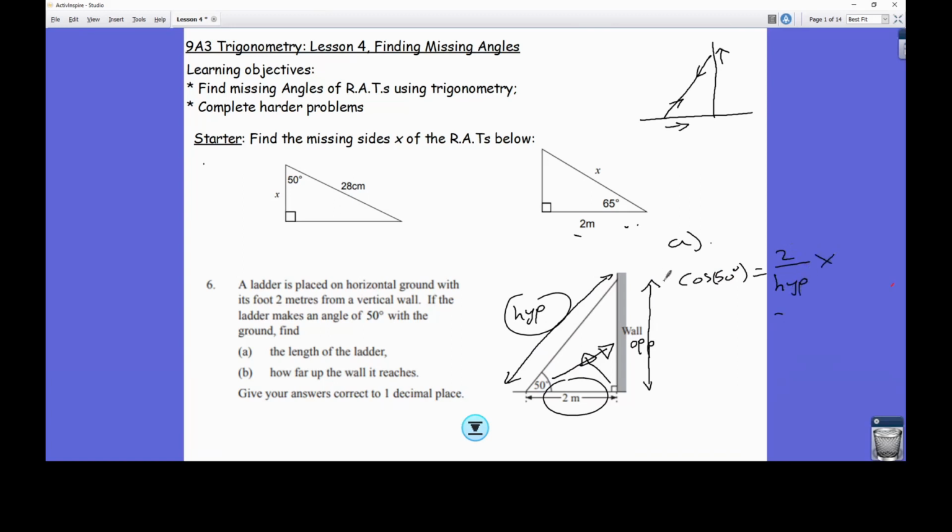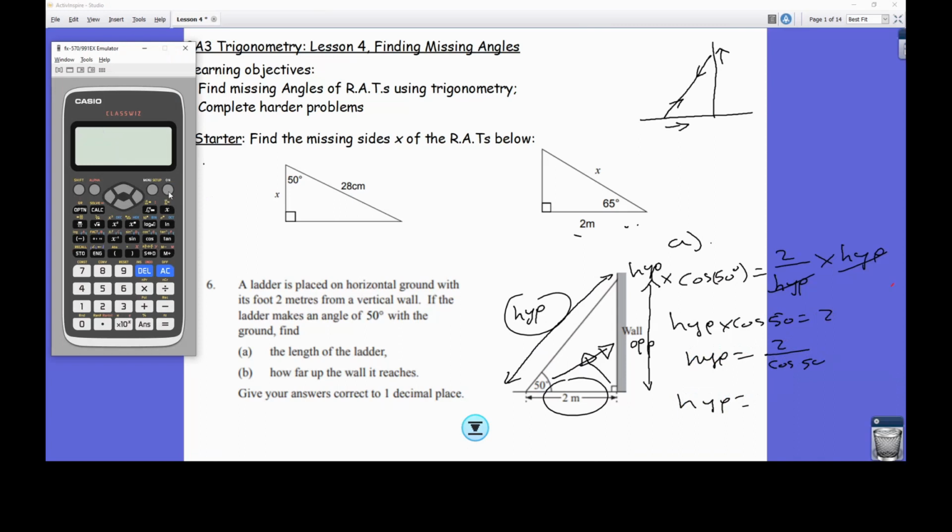So I can multiply both sides by the hypotenuse, which will cancel out on the right-hand side, giving me hypotenuse times cosine 50 is equal to 2. And then hypotenuse is equal to 2 over cosine 50.